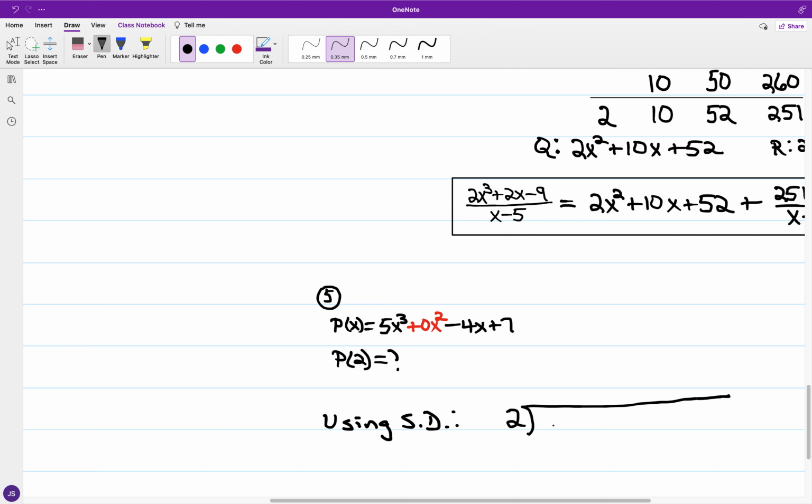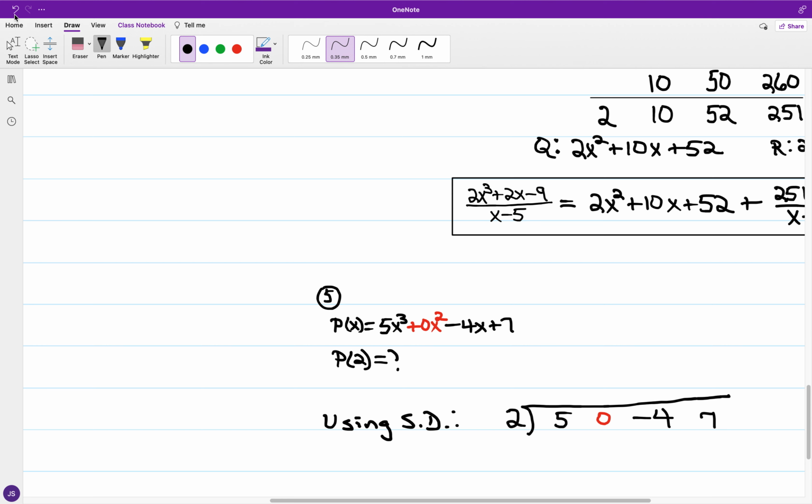If I utilize synthetic division, we got 2 as the zero of the divisor, and then 5 in reference to x cubed, 0 for the missing second degree term, negative 4 for the first order x term in the dividend, and finally the number 7.